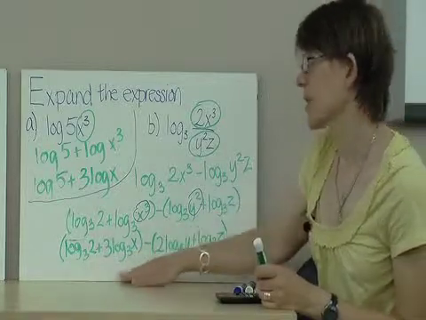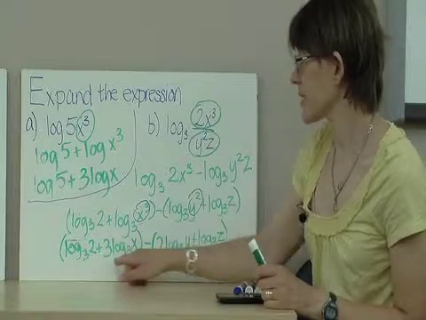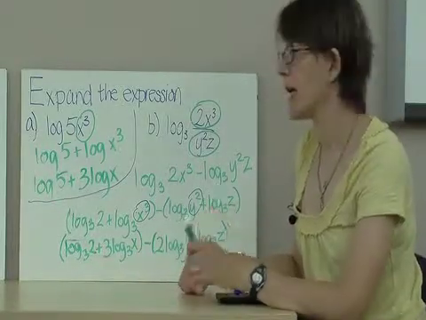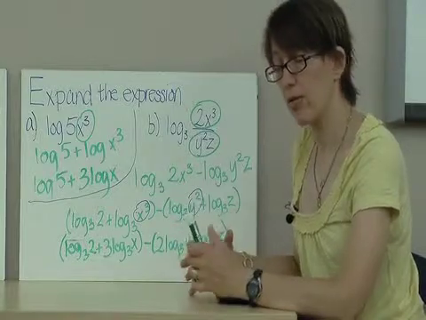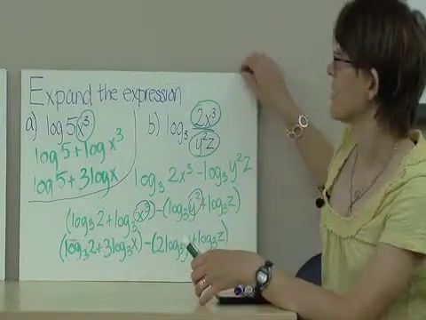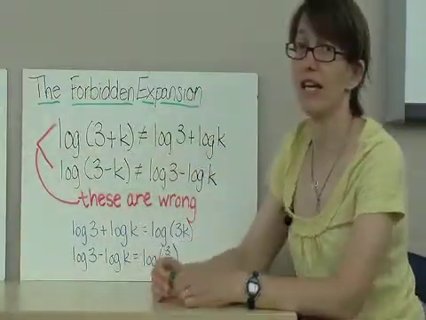And you can see that this has been fully expanded because there are no products in the arguments of the logs, and nothing is being divided, no quotients, and nothing is being raised to a power. So that's an expansion. Now here we have the forbidden expansion.